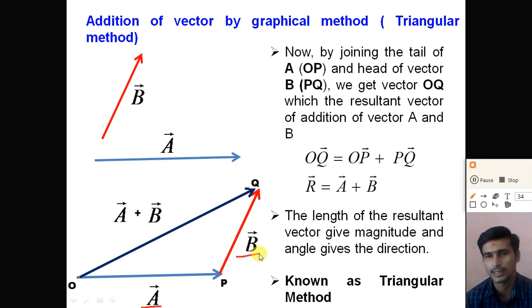Or we can say that the resultant vector OQ is obtained by the addition of the vector A and the vector B.